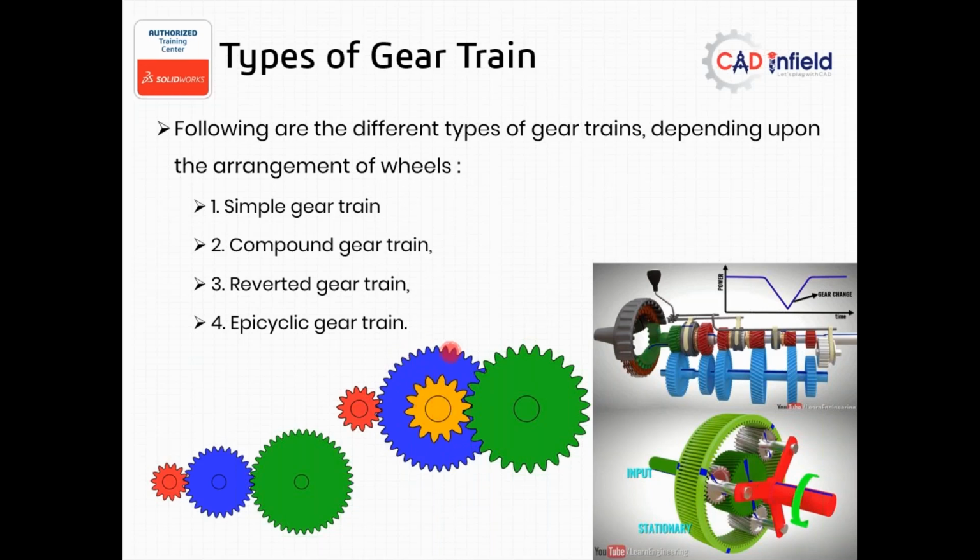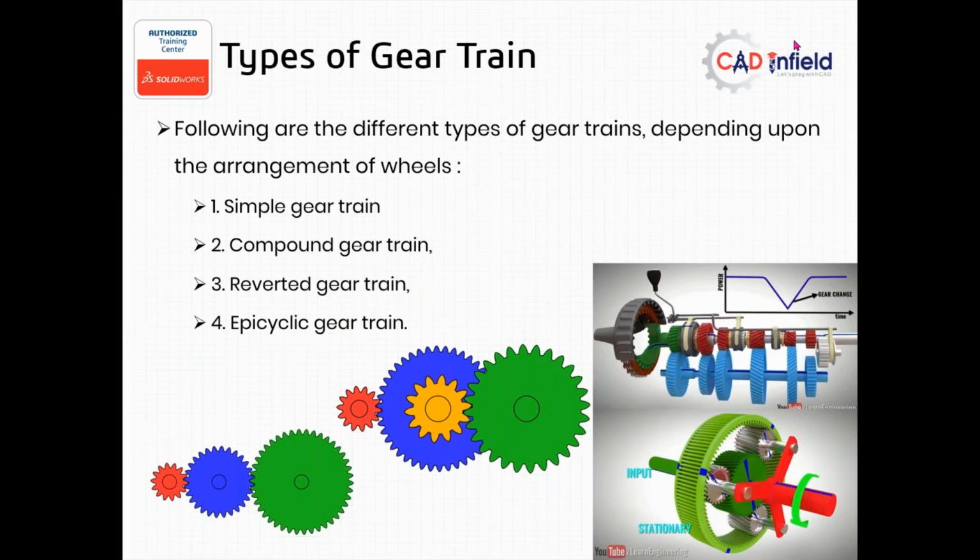This yellow gear and blue gear are mounted on the same shaft, so more than one gear is connected to each shaft, and we get multiple speed variation. Even though it is an idler, it still gives me a speed variation, so that's why it is called a compound gear train.